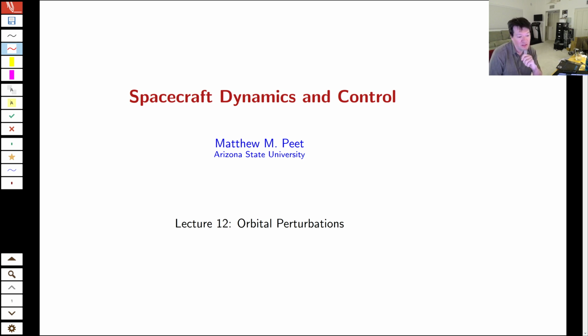So everything that we've discussed so far has mostly been variations on Kepler's equation, elliptic orbits, with some extensions, of course, to hyperbolic orbits and parabolic orbits. In this lecture, we are going to consider something a little bit beyond that.